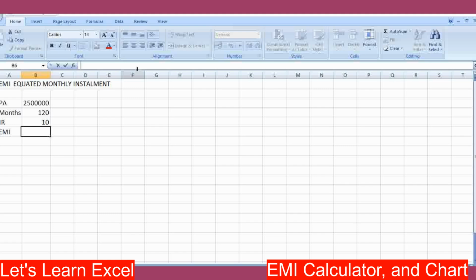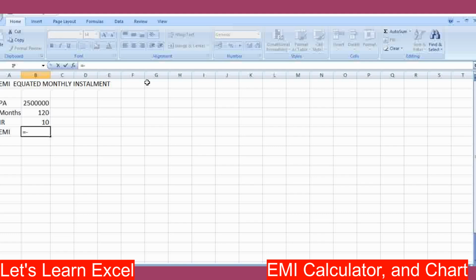Now calculating EMI, there is a formula in Excel called PMT. You have to use this PMT, but this PMT will give you a negative amount because it is a cash outflow. So in order to avoid this, we will multiply this by a minus sign.